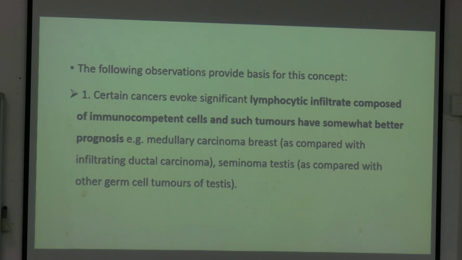Certain cancers evoke a significant lymphocytic infiltrate composed of immunocompetent cells, and such tumors have somewhat better prognosis, like medullary carcinoma of the breast and seminoma of the testis. So in our body, we have some sort of defense system against cancer cells.